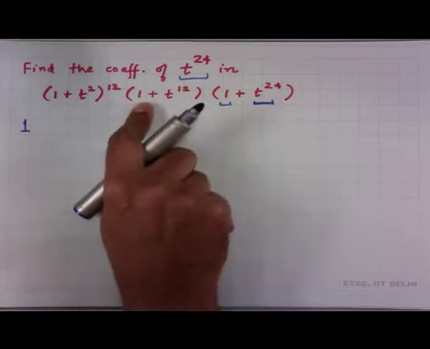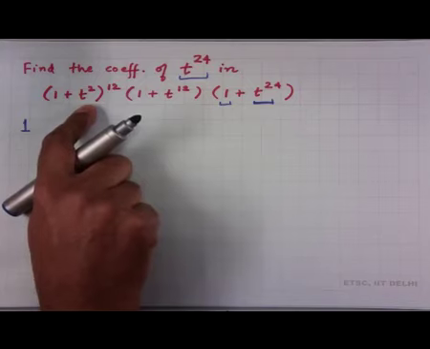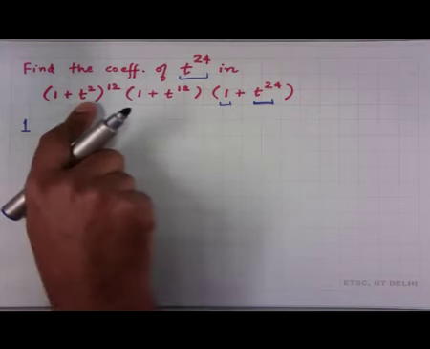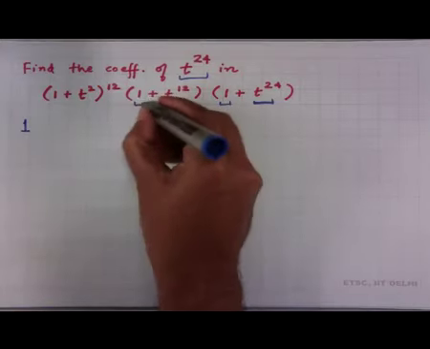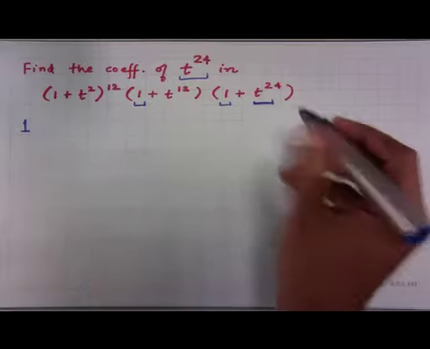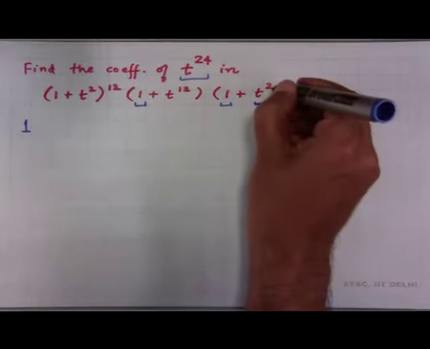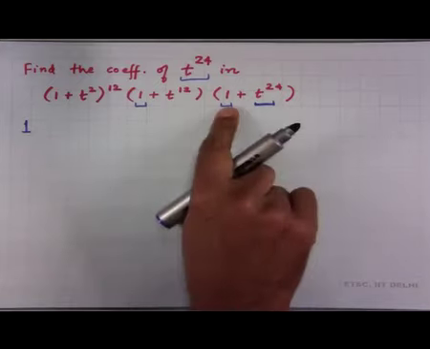I can pick 1 from here, and then I am looking for the entire t power 24 coming from here. So, 1 over here, and let us pick 1 over here.